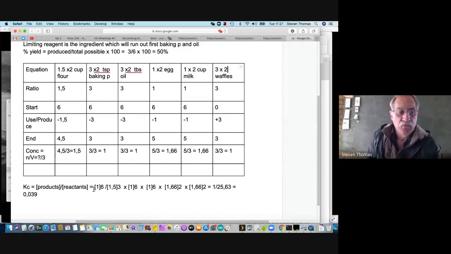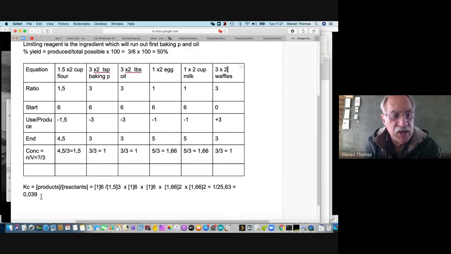Okay, so if this number is very small, what it means is we didn't produce very many waffles for the amount of reactants that we had. The bigger that number is, the more waffles per ingredients that we started with.